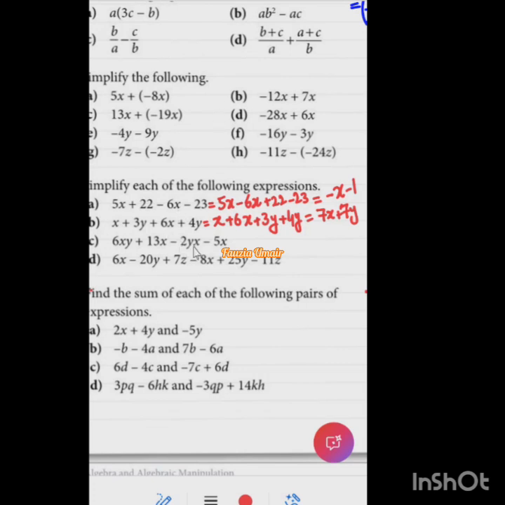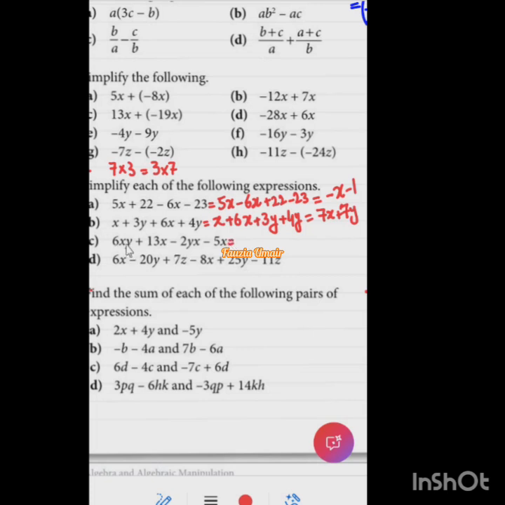So yes, it is the same as this one. Because remember, in multiplication, order does not matter. Like if you multiply 7 into 3, or if you multiply 3 into 7, the order does not matter in multiplication. So it does not matter if you write y first or x later, right? So this is the same as this one.